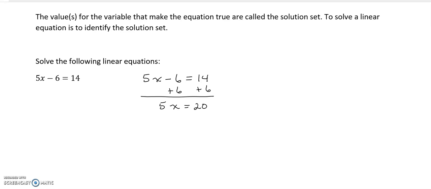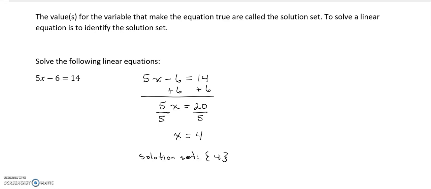And then, since 5 is being multiplied by x, I will use the division property of equality, and I will divide both sides by 5. 5 divided by 5 is 1, so I have 1x on the left, and 20 divided by 5 is 4 on the right. And so our solution set is a set of one number, 4.